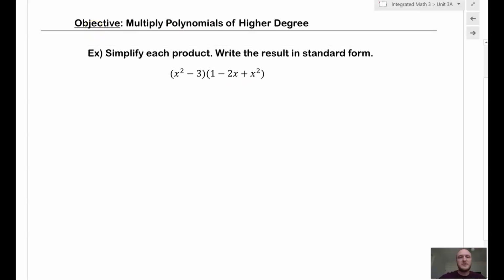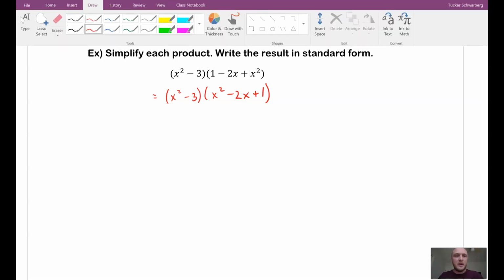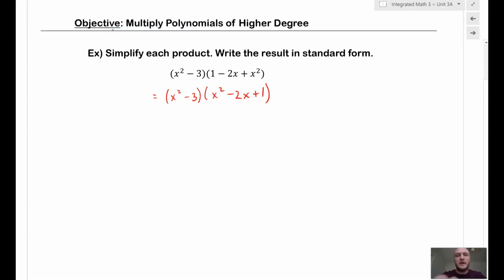So the first thing you want to do is put both of these in standard form. So x squared minus 3 times x squared minus 2x plus 1. So I just rewrote that in standard form. And what that helps me do is add together like terms in my vertical stacking method. Okay, so now I'm going to go ahead and distribute.